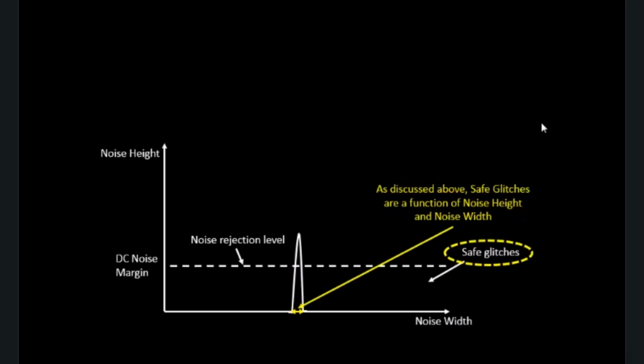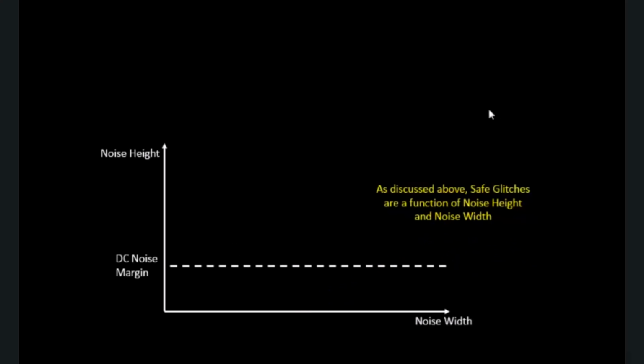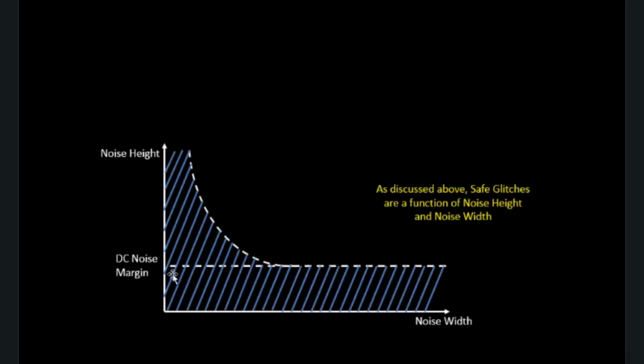Just summarizing things over here. Let's say we have this particular curve that we have drawn, and we decide that if the noise width lies somewhere over here, this will be safe.